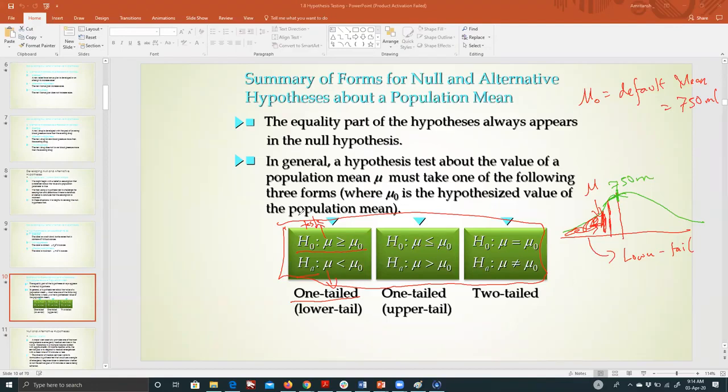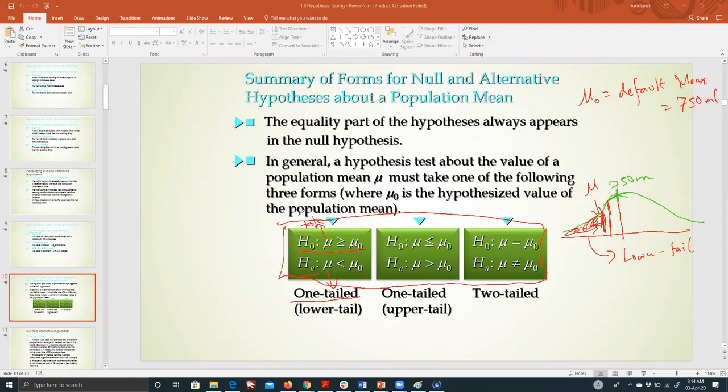So the tested one is less than that mu naught, which is 750 ml. Yeah, so basically you can take some other example. If there is a precision tool that needs to be 5 centimeters, it can be slightly less, but it cannot be greater.